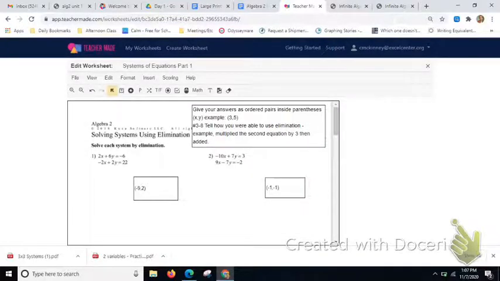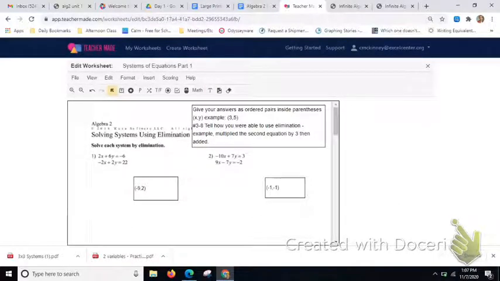Again, that will be posted in Google Classroom with a link to take you to the teacher-made program where you'll be able to type in your answers. I do not expect that you show me every bit of your work. The smaller box is just for your ordered pair answer. The box that has a prompt in it saying to tell me what you did is where you're going to type in some explanation.